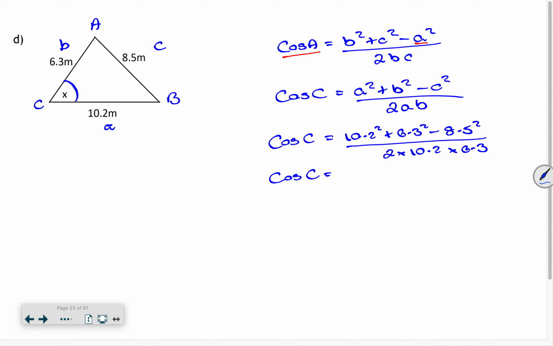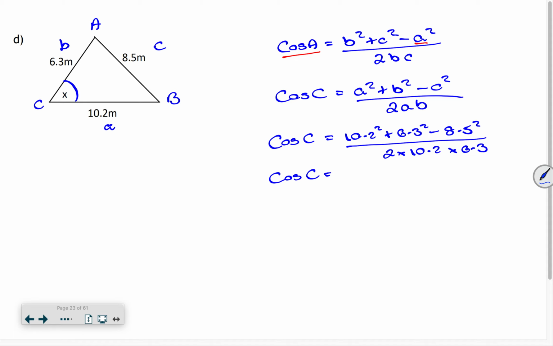So just go ahead and plug that into the calculator. 10.2 squared plus 6.3 squared minus 8.5 squared over 2 times 10.2 times 6.3.